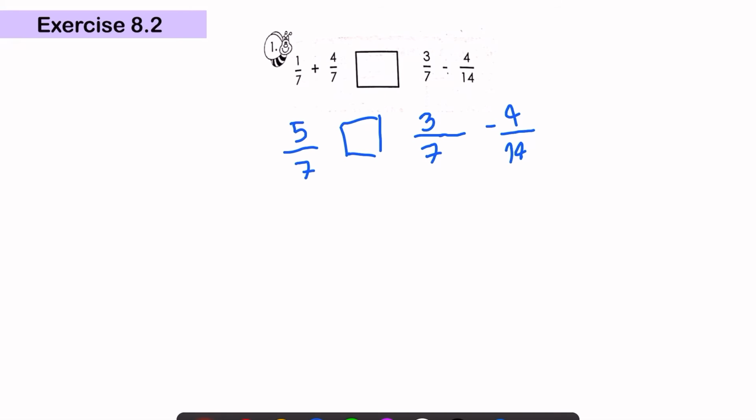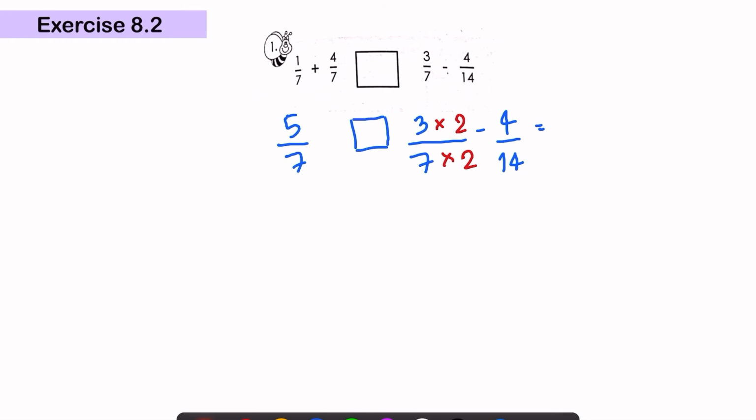I have to change from 7 to 14 by multiplying. Can you tell me, I need to multiply 7 by what number to get 14? By 2, right? So I need to multiply 7 by 2. And if I multiply 7 by 2, I do the same thing with the numerator.